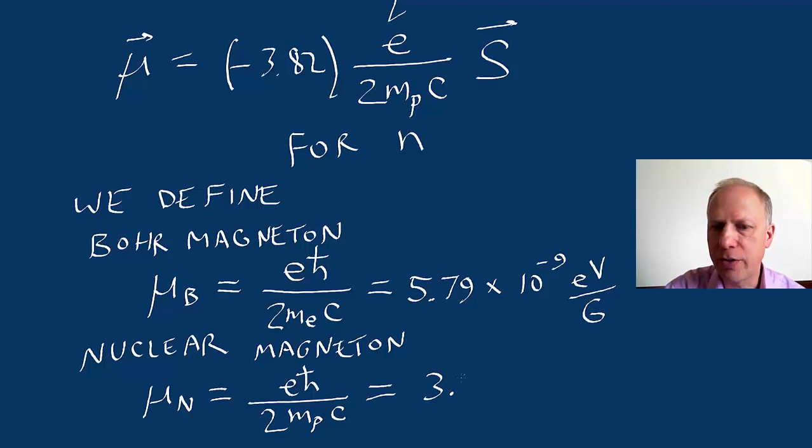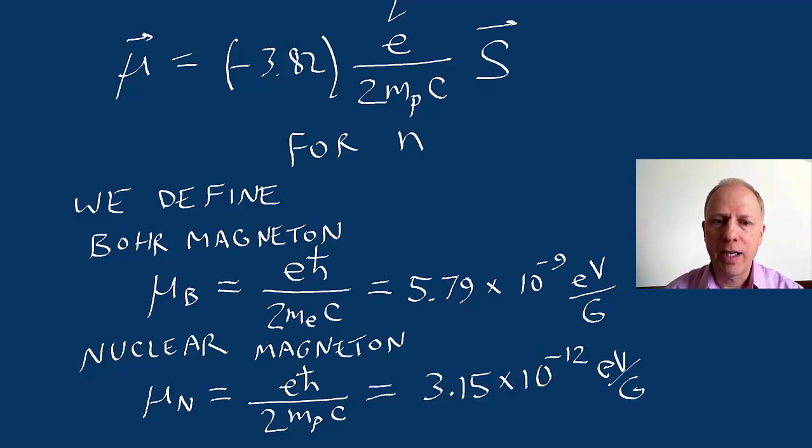It's a convenient unit for dealing with magnetic moments of protons and neutrons and nuclei. So the magnetic dipole moment of particles tends to be inversely proportional to their mass. So electrons have larger magnetic moments than protons and neutrons.